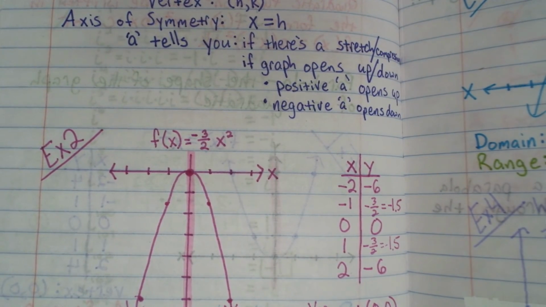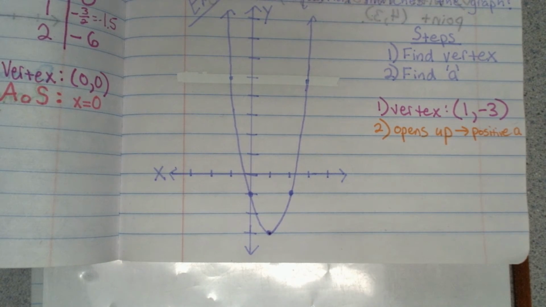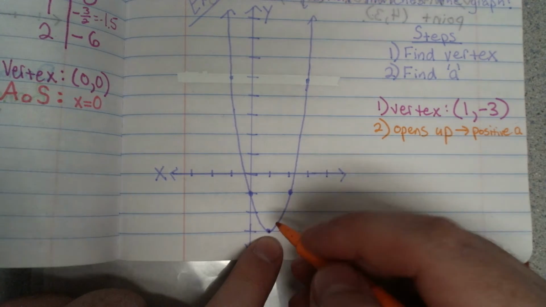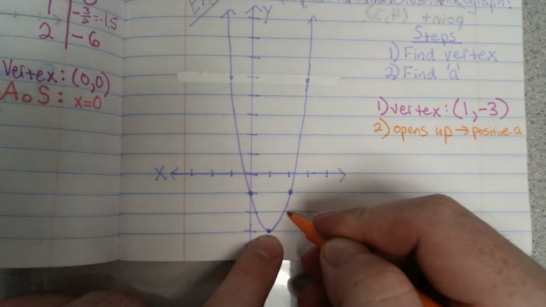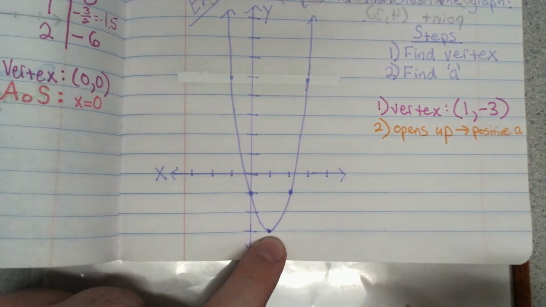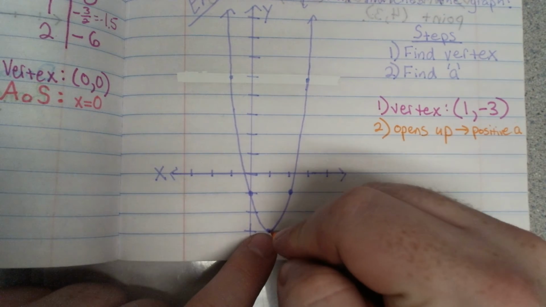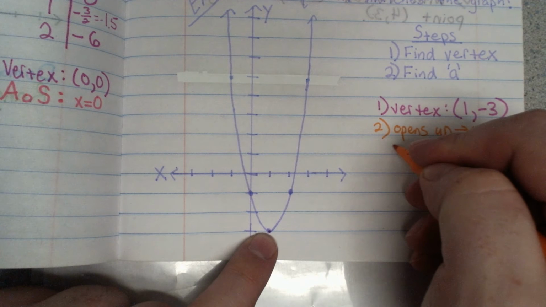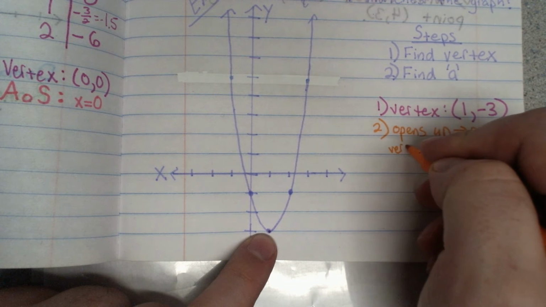And then has there been a stretch or a compression? So typically what happens is from our vertex, the next point we find is right one, up one, left one, up one. That's not the case here. When we go over 1, we actually go up 2. So we have a vertical stretch by a factor of 2.